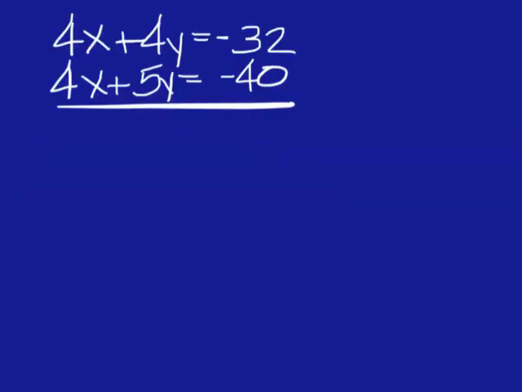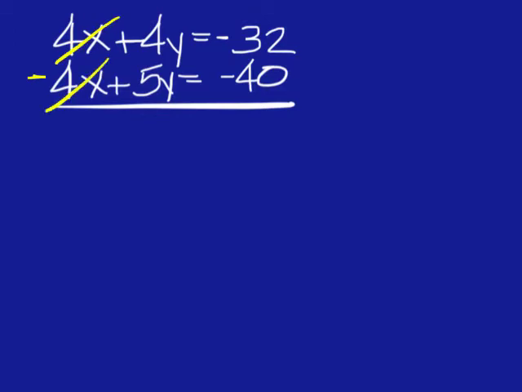Practice problem. 4x plus 4y equals negative 32, and 4x plus 5y equals negative 40. The solution for the practice: you have two 4's out here already, so there's no need to find a least common multiple. You can simply start subtracting. 4 minus 4 is 0.